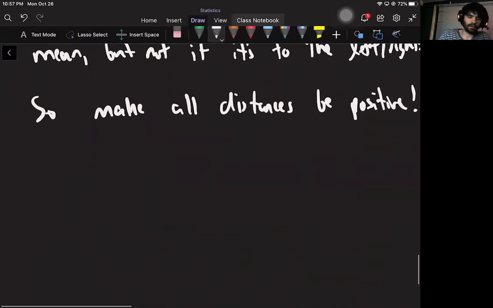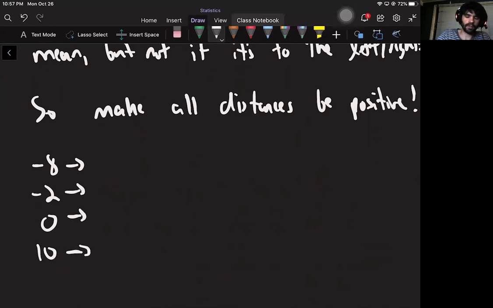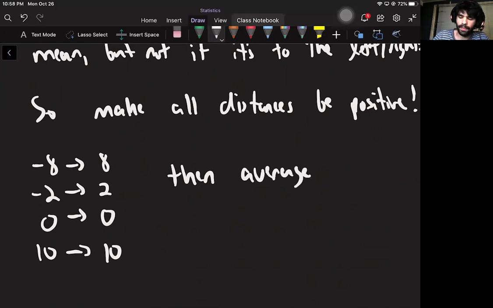We take our distances that we had, and we say, I don't care if they're to the left or the right, so I'm just going to make them all be positive. And of course, if they were already positive, it doesn't change anything. And then we're going to average, because now what we're really doing is averaging the distances.